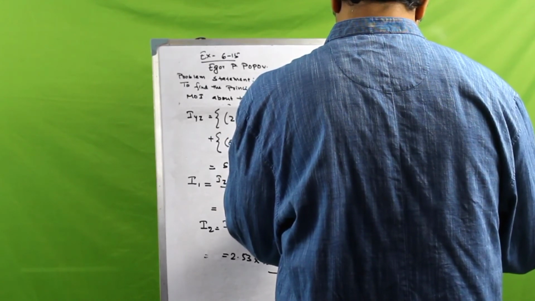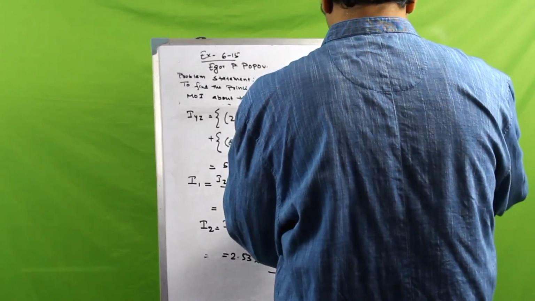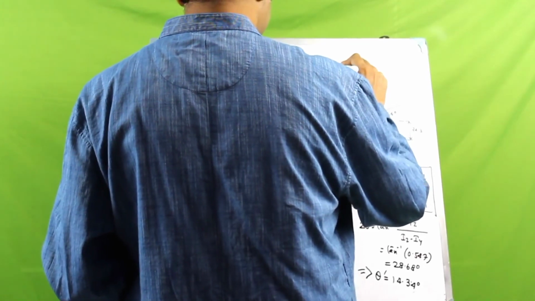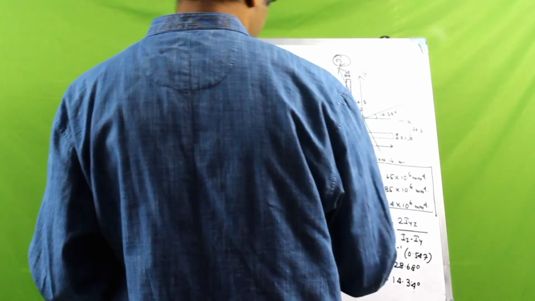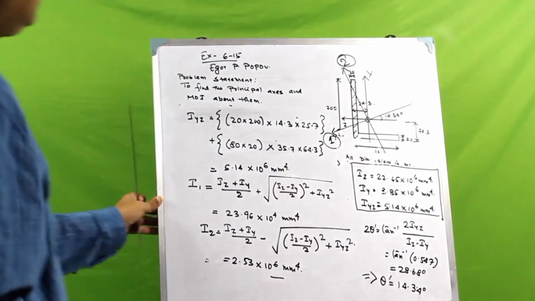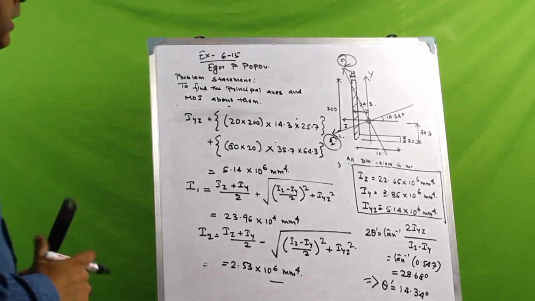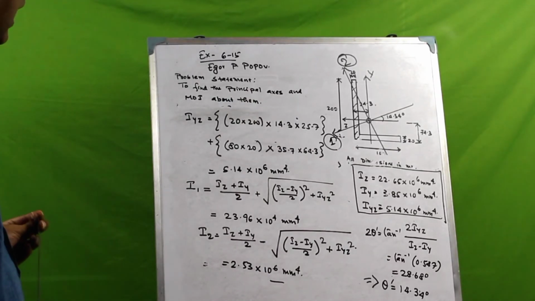So it's just we need to find out the value that is perpendicular to it, and this will come something like this. So this axis we represent as 2, this one as 1. So this one is the major principal axis and this one is the minor principal axis, tilted at 14.34 degrees from their geometrical axis. So I hope the concept of principal axis is absolutely clear now.